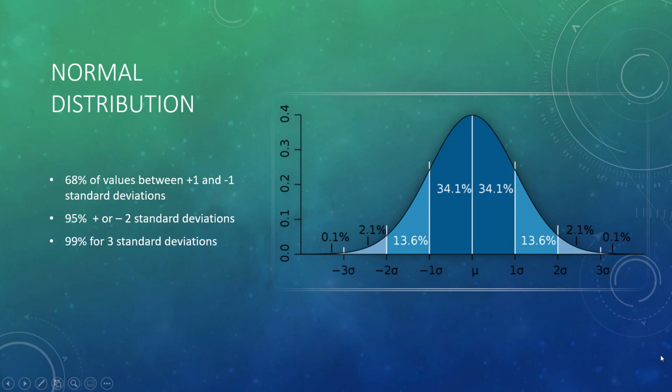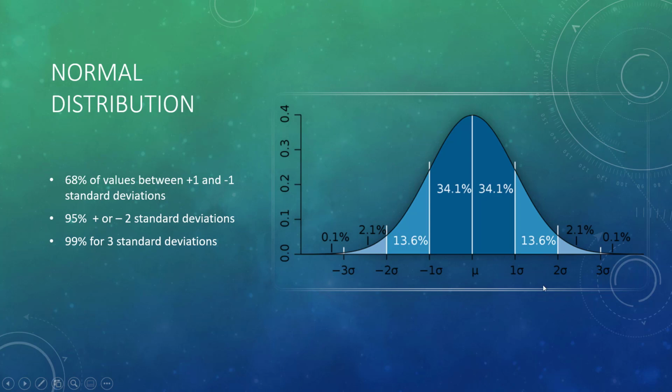So in a normal distribution, you have this bell curve, and as you can see, approximately 68% of all values will fall within one standard deviation of the mean.